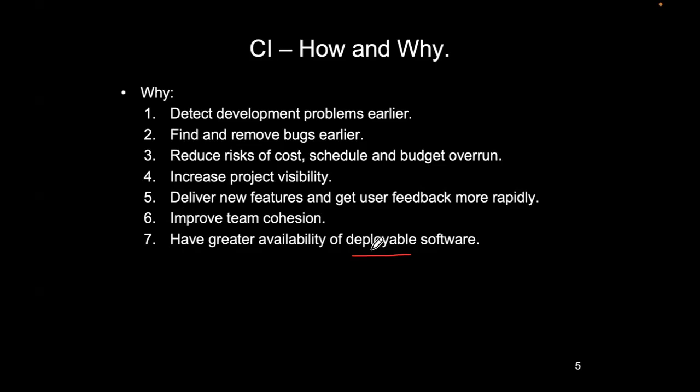You'd like to have something that can be deployed straight away, not to the production environment, but to a clone of the production environment, and give your customer or end user access to that environment so that they can play with the application and give you some feedback. But to have a deployable form of your application at all times is ideal.